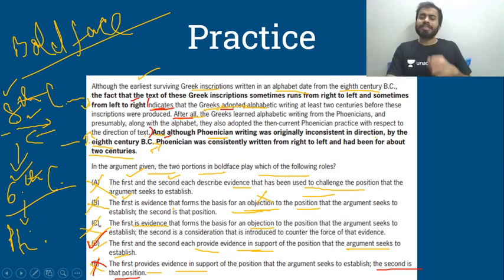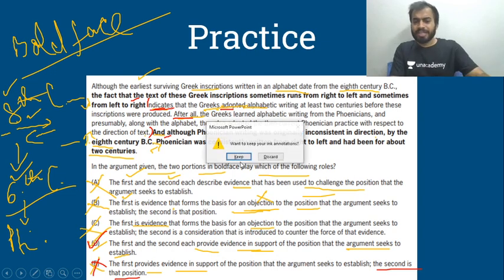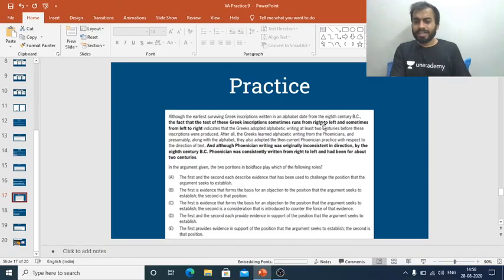So, guys, this brings me to the end of today's lesson. A very crisp and short lesson on quite a few different types of questions pertaining to CR and RC.